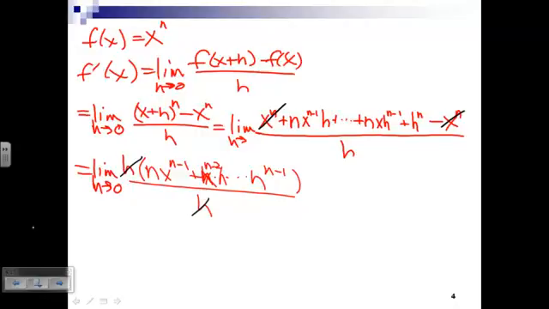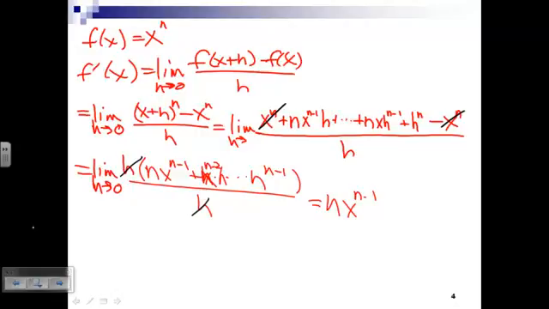And now we can apply the limit. When h goes to 0, all of these terms all go away, because they all have an h in them, and as h is 0, they go away. The only term that's left is n x to the n minus 1. And there's our proof of why the power rule works.